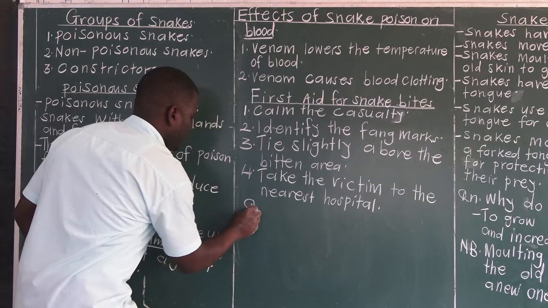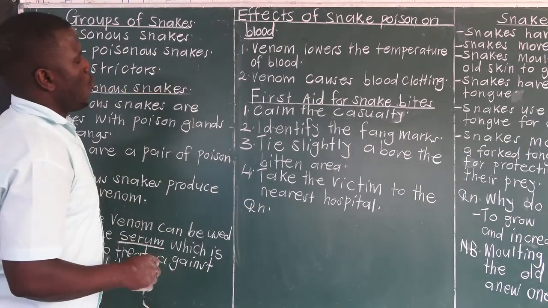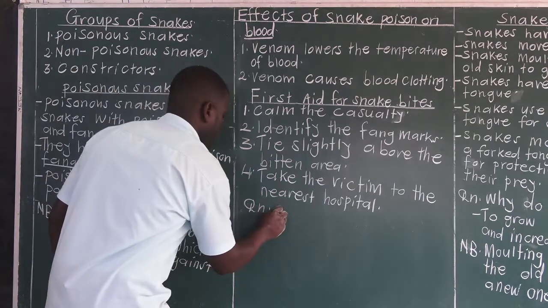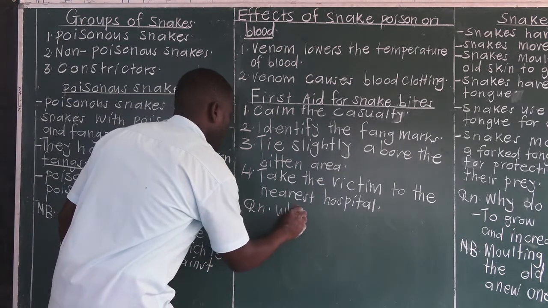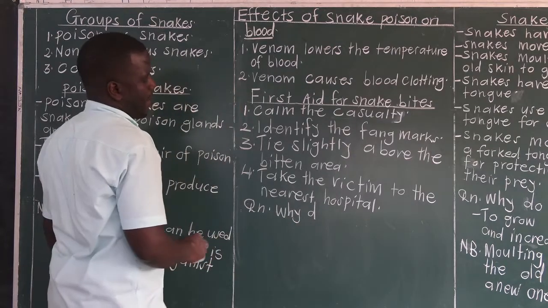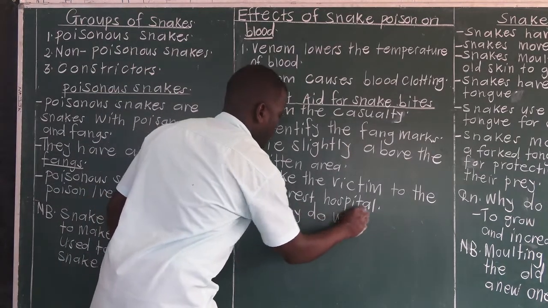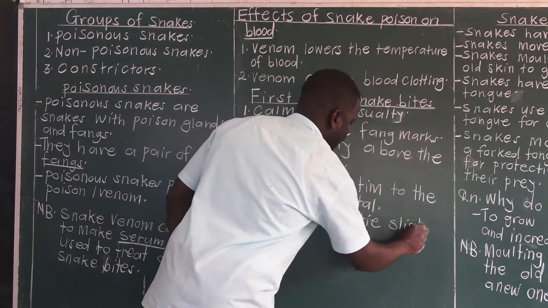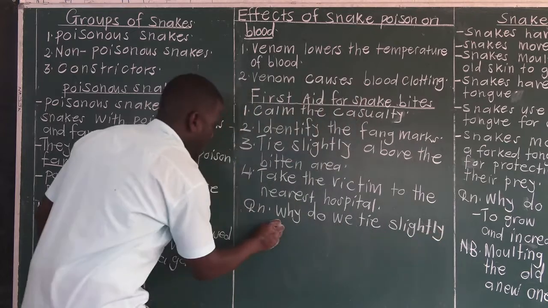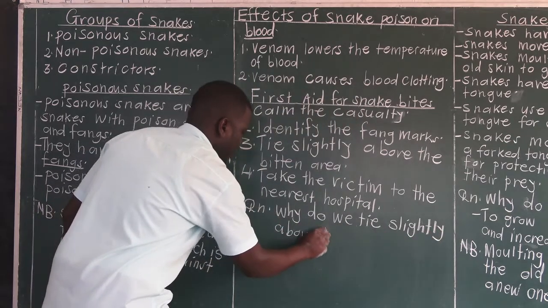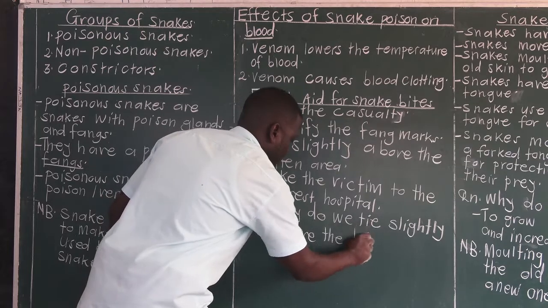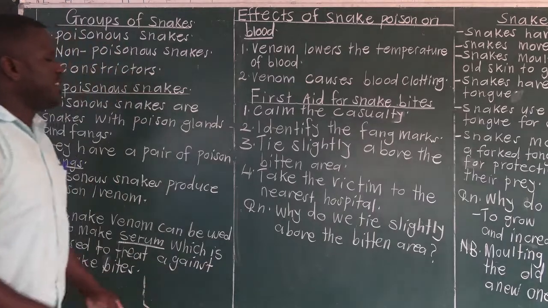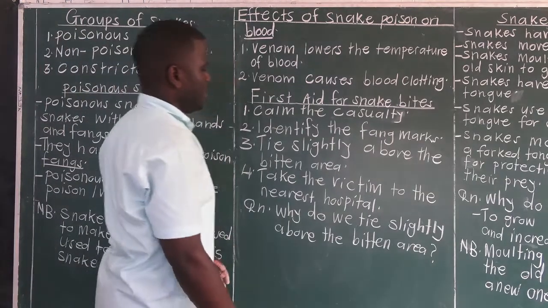Then a question: why do we tie slightly above the bitten area? When you are giving first aid for snake bites, you are advised to tie slightly above the bitten area.